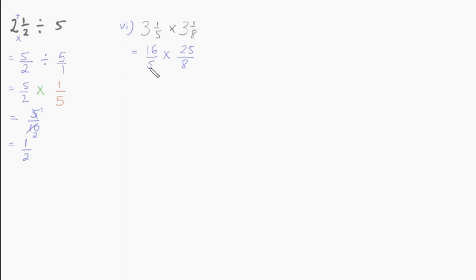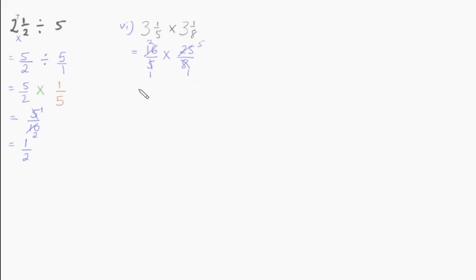Is there any common factor between 5 and 25? Yes, it's 5. So 5 into 5 goes once, into 25 goes 5 times. Now, crosswise again this way, is there any common factor between 8 and 16? Yes, it's 8. So 8 into 8 goes once, into 16 it goes twice.